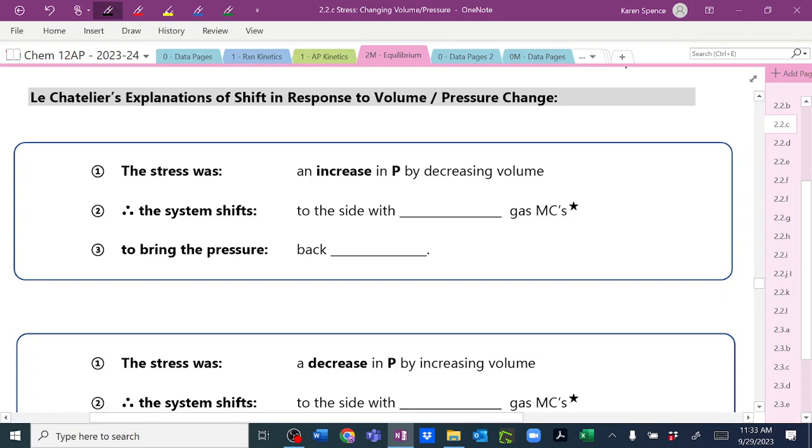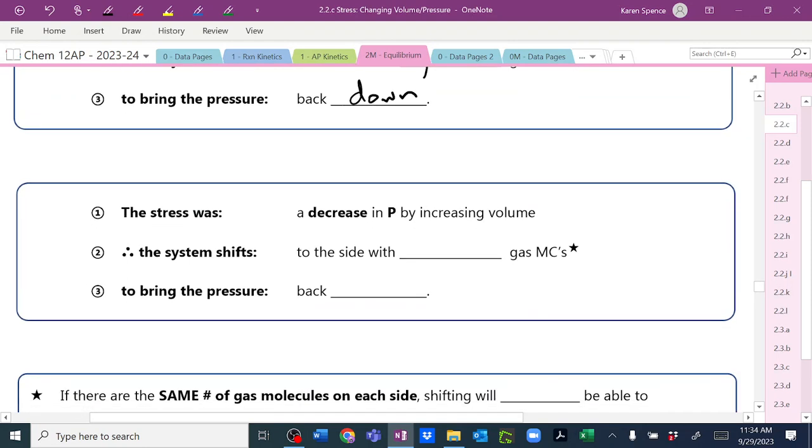Okay, if the stress was an increase in pressure by decreasing the volume, the system shifts to the side with fewer gas molecules to bring the pressure back down. If the stress was a decrease in pressure by increasing the volume, the system will shift to the side with more gas molecules to bring the pressure back up.